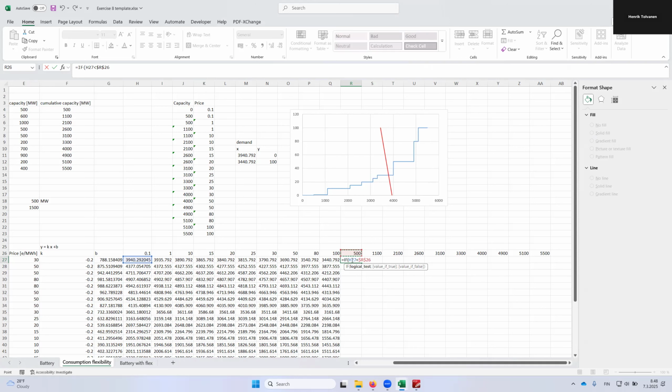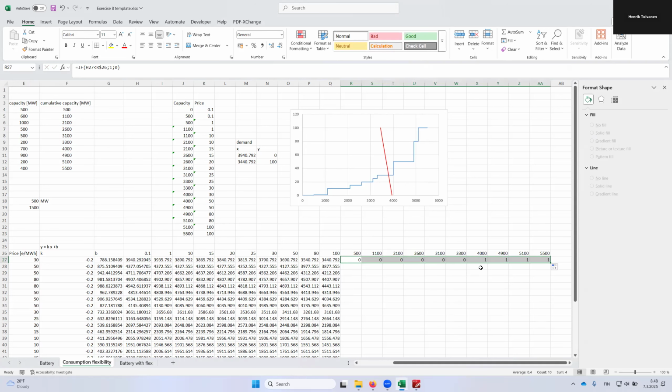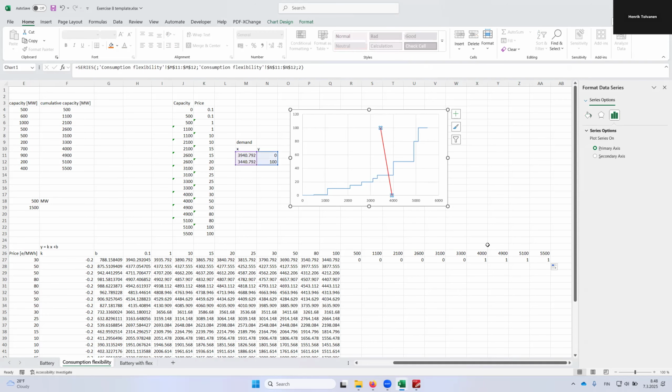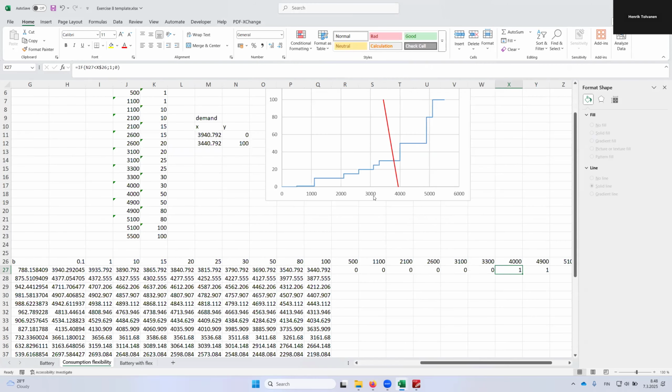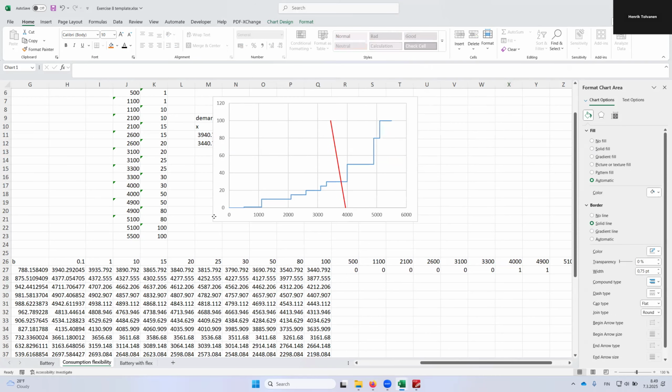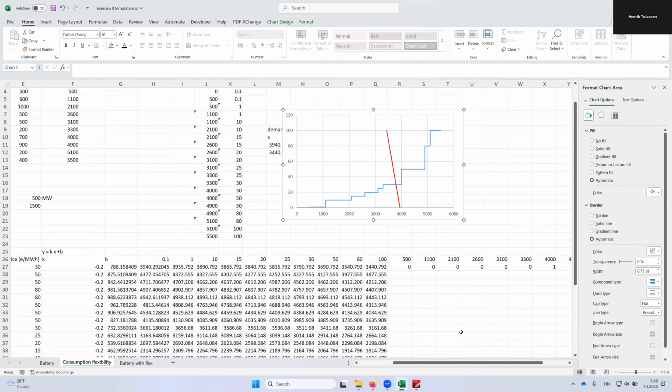This has to stay constant from the row number, but not from the column. Then give me 1, otherwise give me 0. So let's see if we get it. Yeah. So at 4,000, in this case, it's gonna activate it. So let's try if we change the consumption.